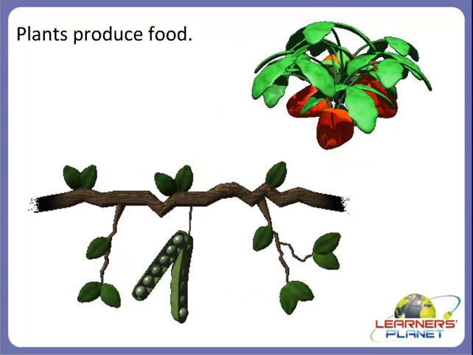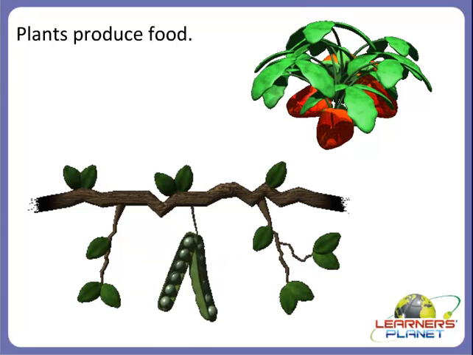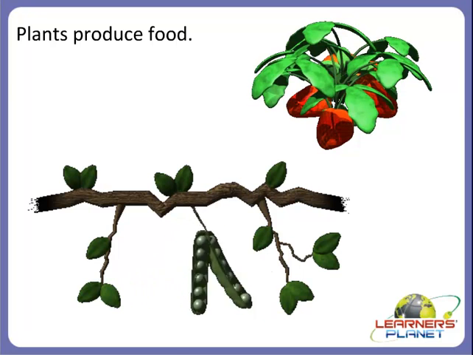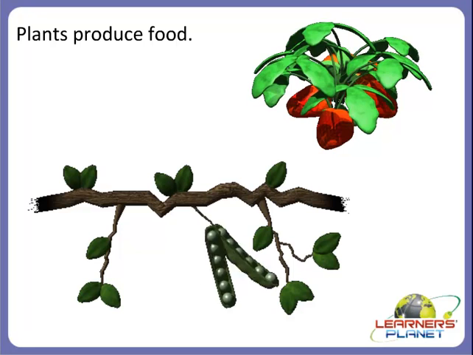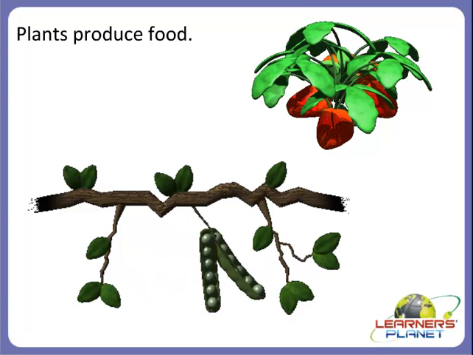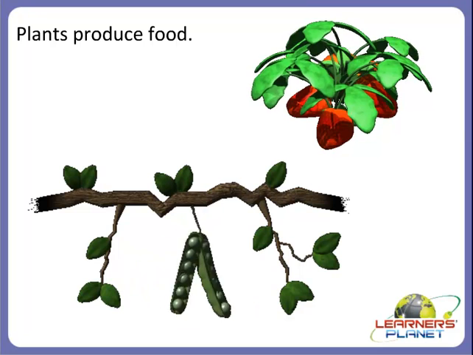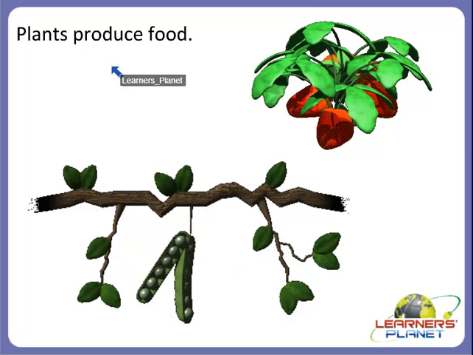So children, we can say that soil supports plants and is home to many insects and animals. If soil supports plants, then what are plants for? Yes, when soil supports plants, they will grow, and then plants will produce food.